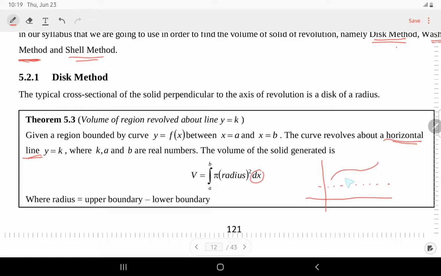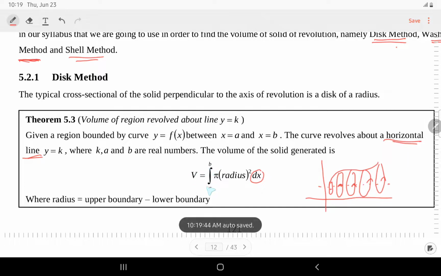So graph ni dia pusing 360 darjah dekat horizontal line ni. So horizontal line akan menjadi axis of revolution, paksi untuk dia berpusing. So kalau axis of revolution dia adalah horizontal line like this, we are going to integrate by dx. So this is the formula.